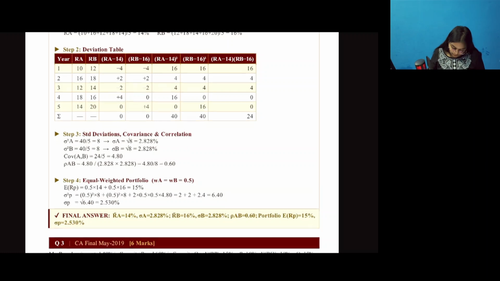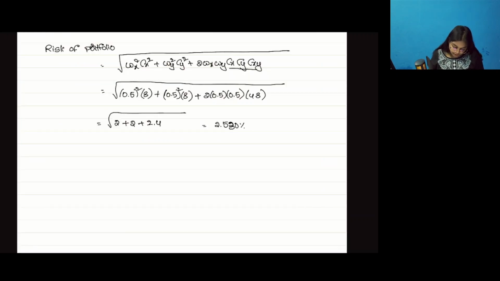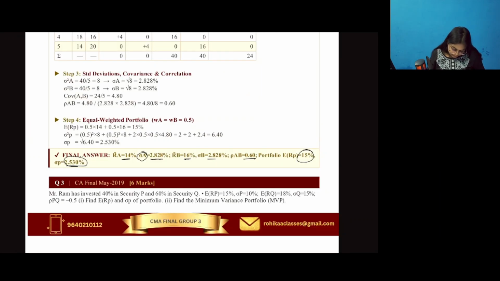So here if we see, return of A 14 correct, return of B 16% correct, standard deviation of both the securities is 2.828, correlation 0.60 correct, return of portfolio 15 and risk of portfolio is 2.530. So now second sum is done.